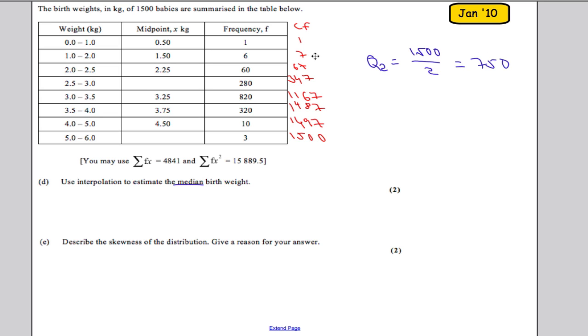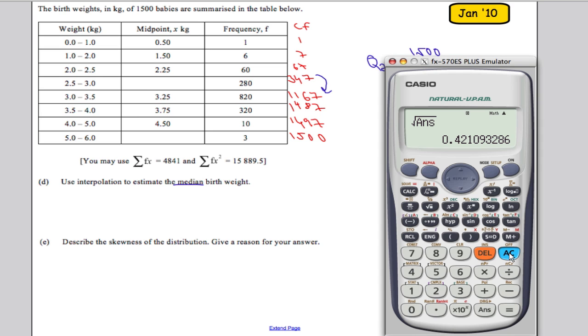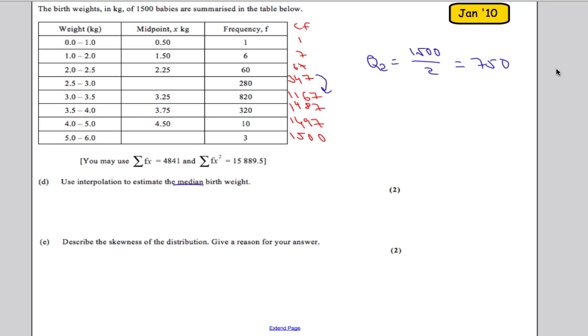So I need the 750th value. Now at this point I've got 347. Here I've got 1167. So what do I add on to 347 to bring it up to 750? So if I do 750 minus 347, that tells me 403.